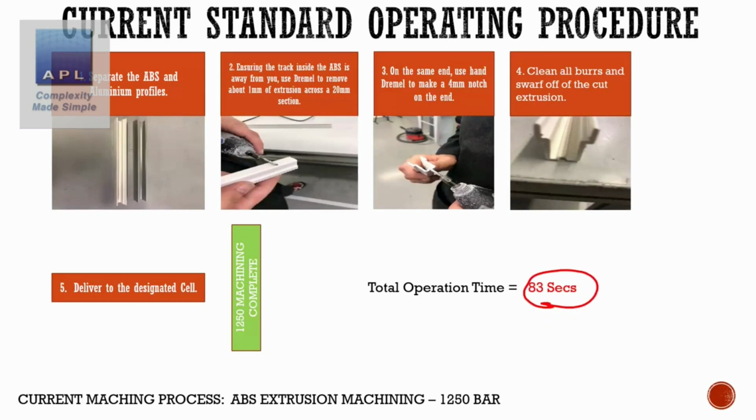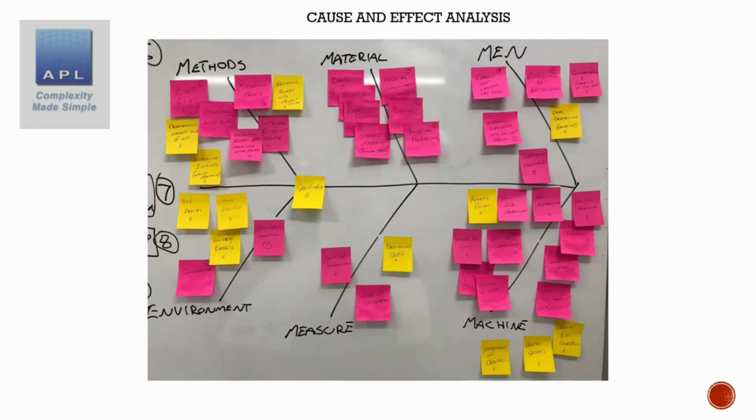The process currently takes 83 seconds, and it's got an 18% defect rate. Then they go and take a look at the input variables to the process. So this is a very standard approach. What are all the inputs to the process? Because inputs control outputs.